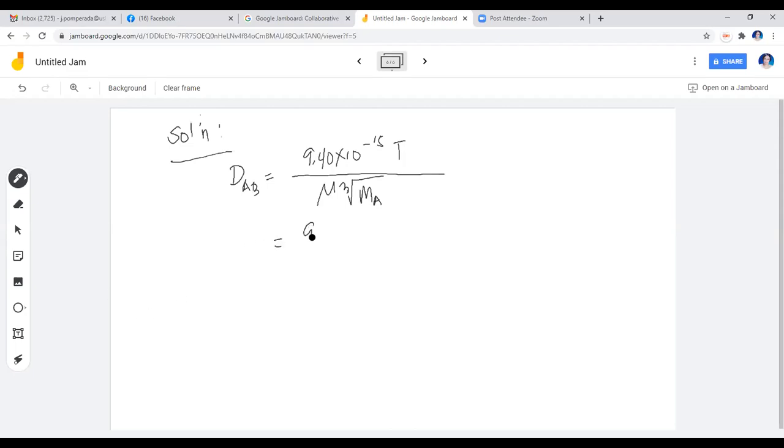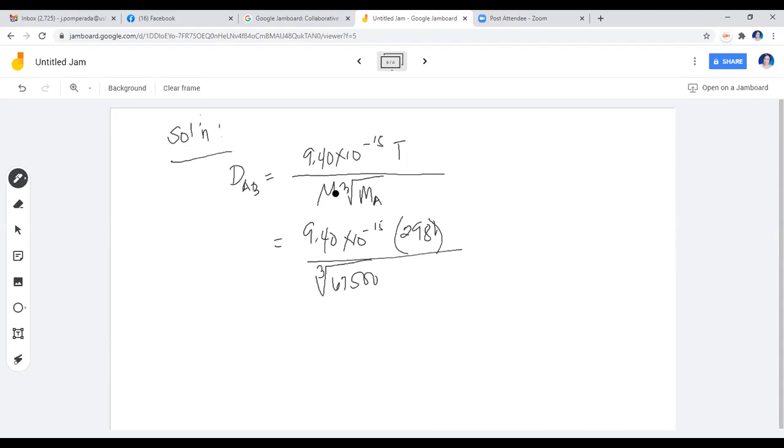So we'll have 9.4 times 10 raised to negative 15. The temperature in the problem is 298, 25 degrees Celsius. It's understood to be in Kelvin because that's absolute. The molecular weight is also taken from the table. I've shown you the table, and I just place here the molecular weight. We need the cube root of that value, which is 67,500 kilogram per kilogram mole.